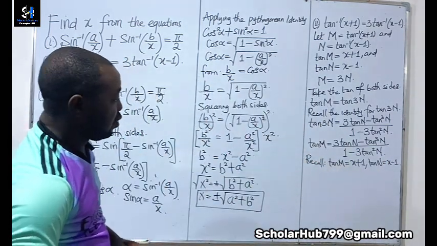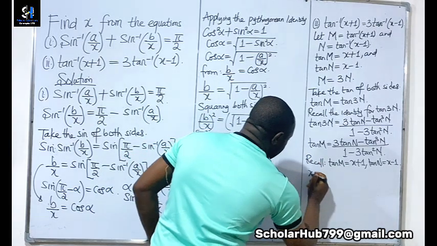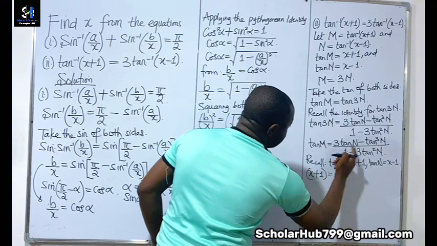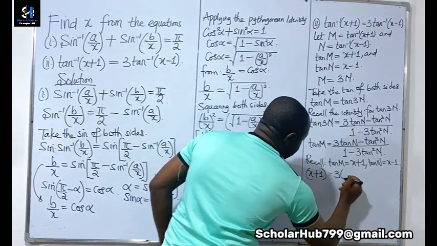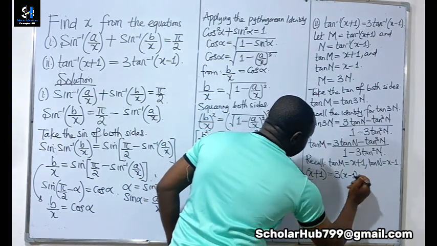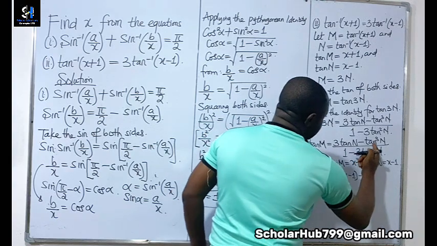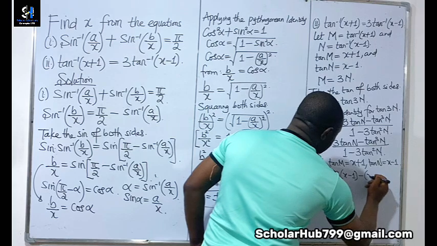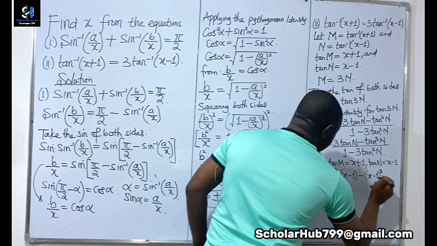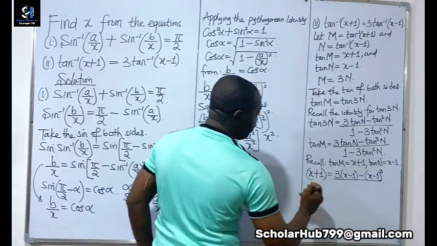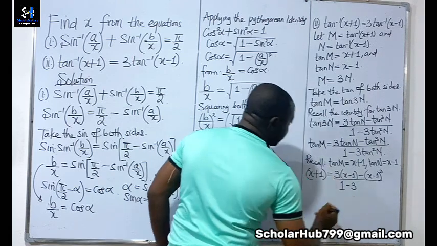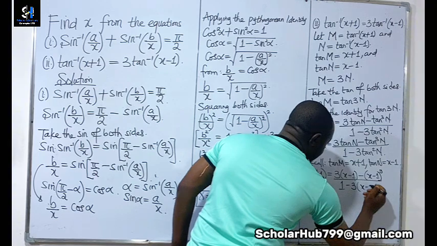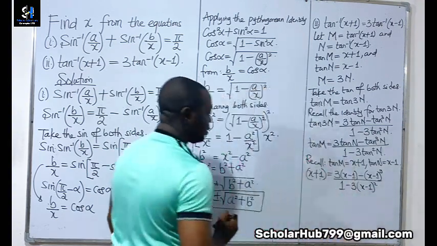So x plus 1 equals 3 tan n, which is x minus 1, minus tan n to the power of 3, that will be x minus 1 raised to the power of 3, divided by 1 minus 3 tan n to the power of 2, that will be x minus 1 squared.